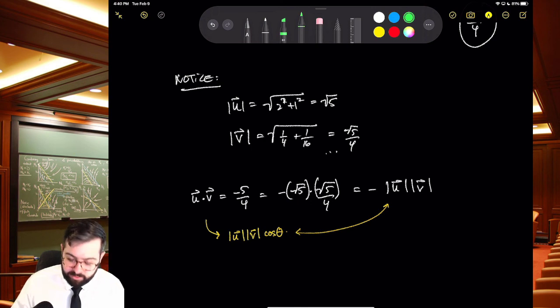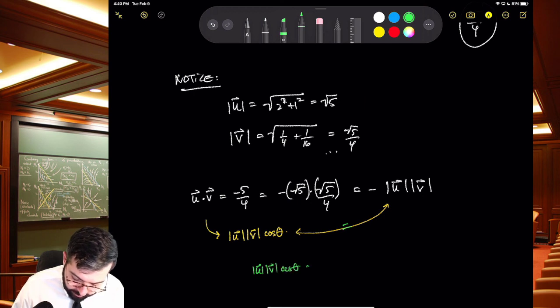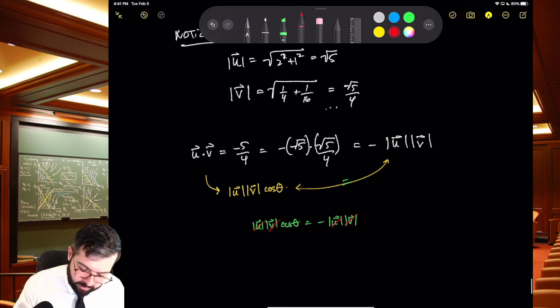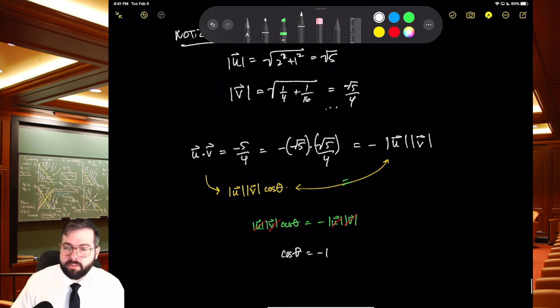Well, if I set these equal, magnitude of u, magnitude of v, cos theta equals -1 times magnitude of u, magnitude of v. These are just scalar quantities, so I can just cancel u, cancel v. Cosine theta equals -1. What does that tell us?